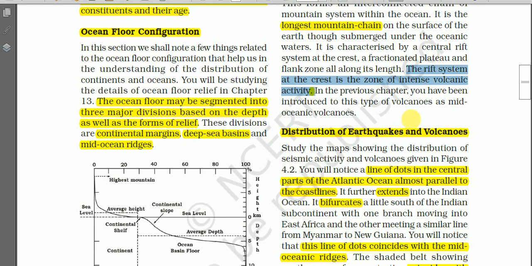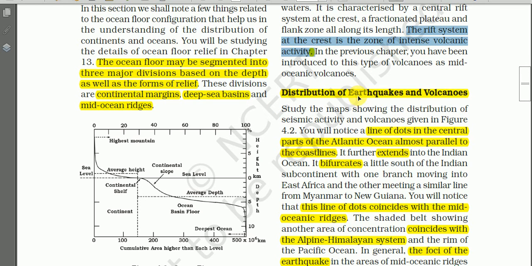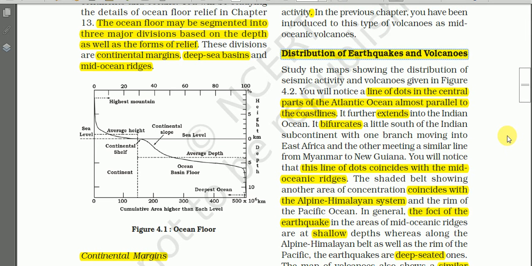So next we have this distribution of earthquakes and volcanoes. Last time we talked about the causes of earthquakes, then how earthquake waves are propagated, then the effects of earthquakes, about volcanoes, types of volcanoes we have already learned.